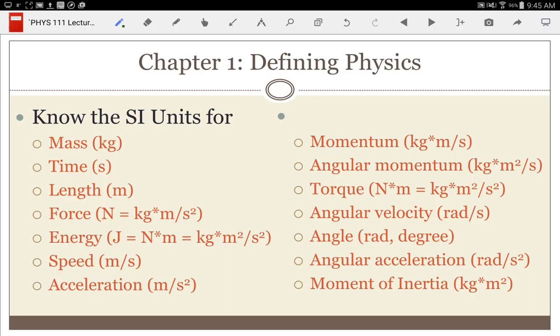The Newton itself is an abbreviation for the more complex units, so we don't have to write kilogram meters per second squared all over the place. Similarly, energy, which now you should have a clear distinction between energy and force. Energy has units of kilogram meters squared per second squared, which is a Newton meter, and we give it its own name, the joule. Then speed, meters per second, acceleration, meters per second squared.